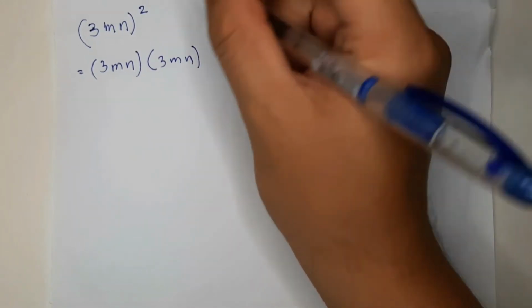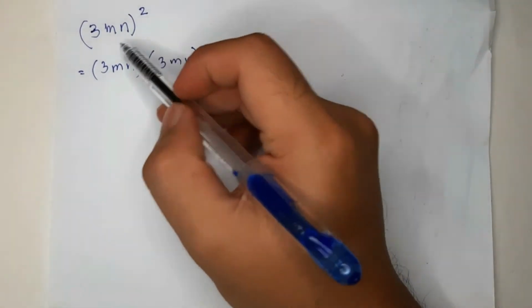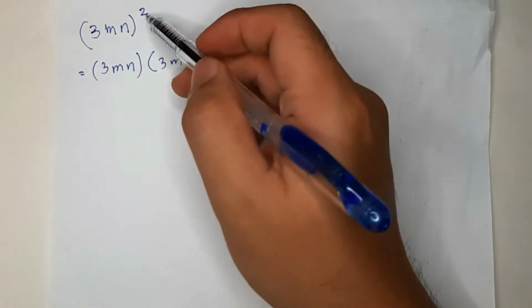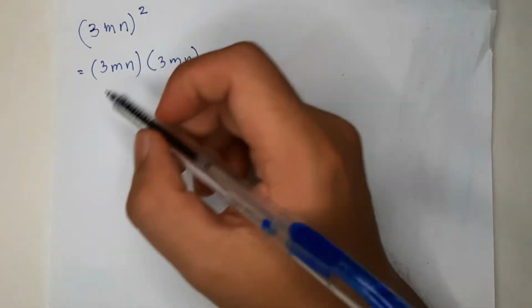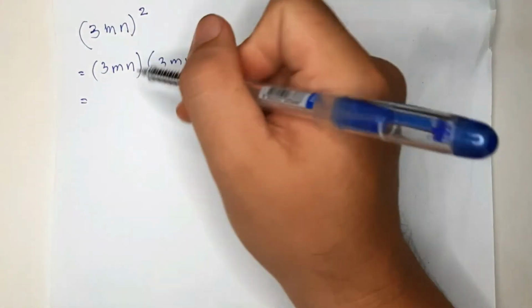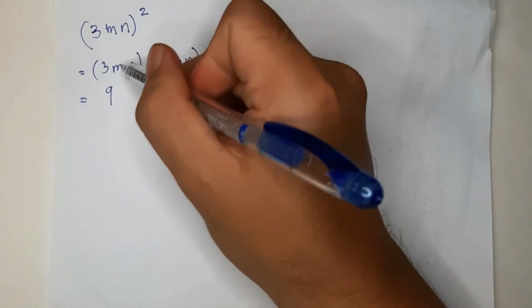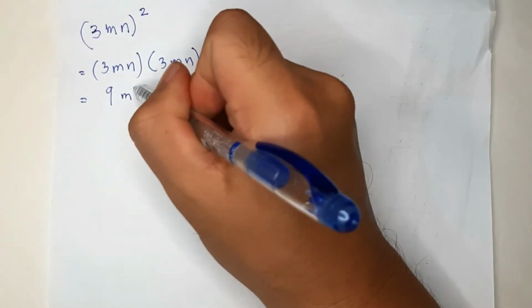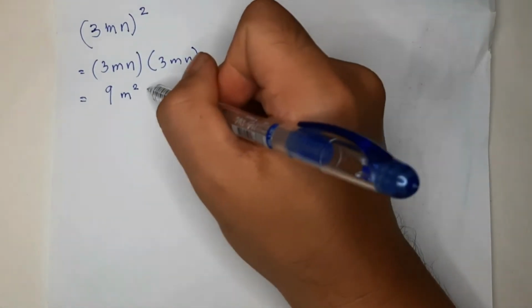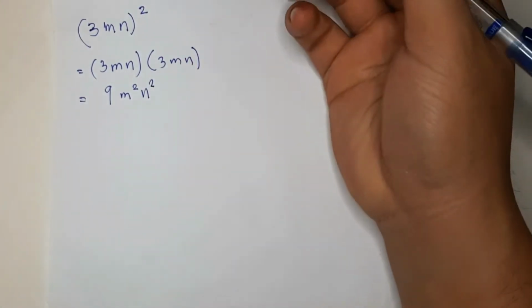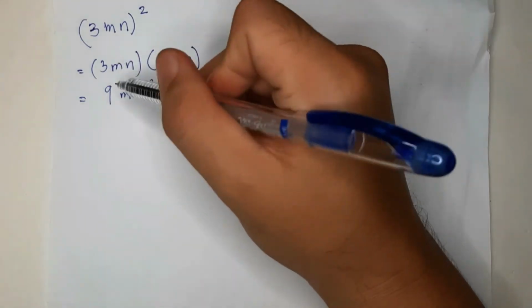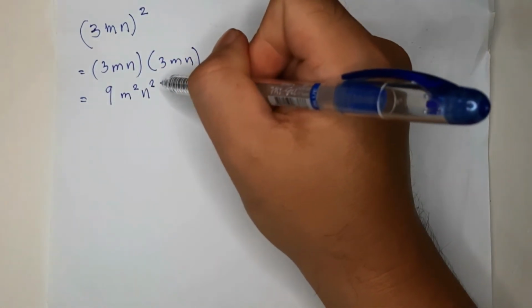And then we multiply them because there are two 3mn here because it's raised to 2. So we have 3 times 3 is 9. m times m is m squared. n times n is n squared. So the answer is 9m squared n squared.